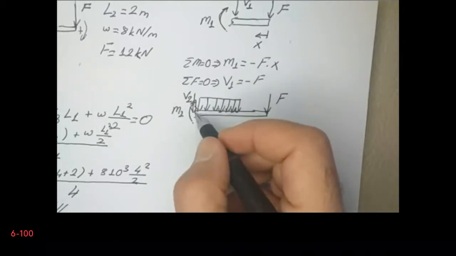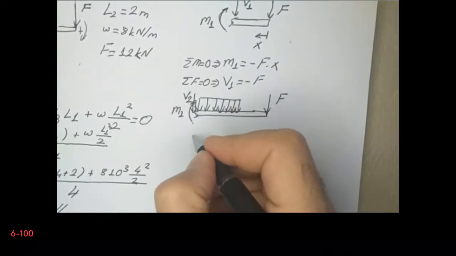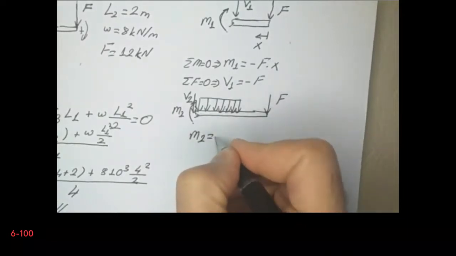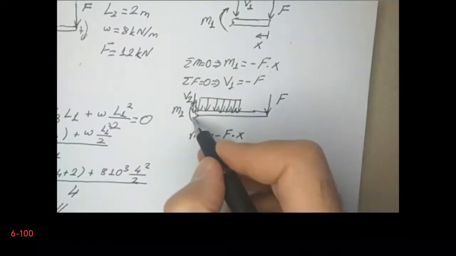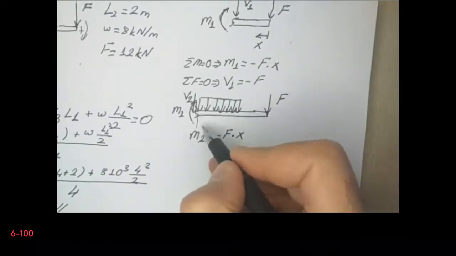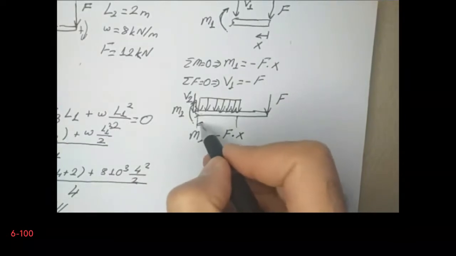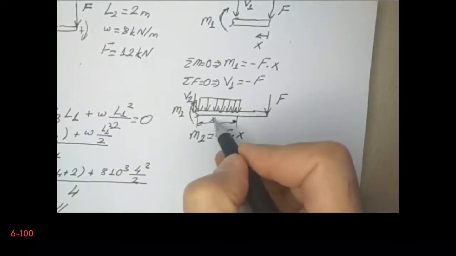So M2 is equal to minus F multiplied by X. Now this length is X minus L2.